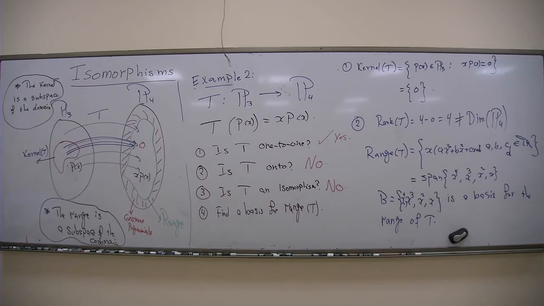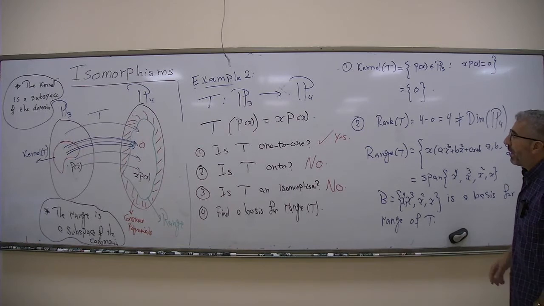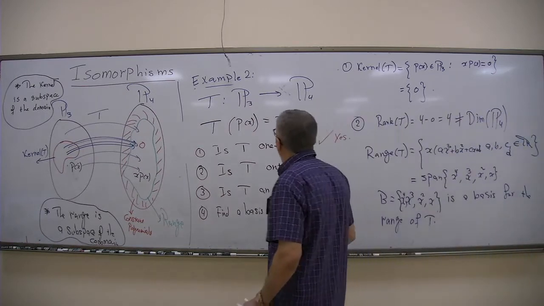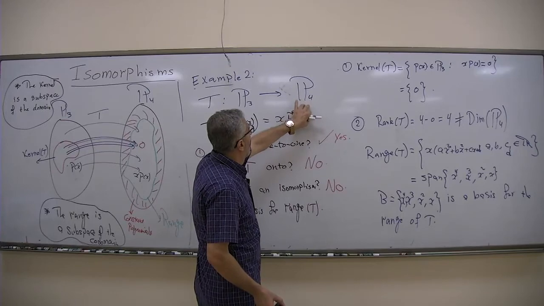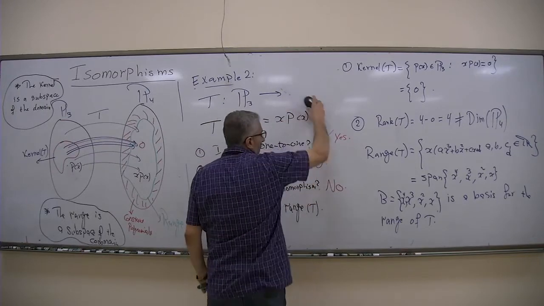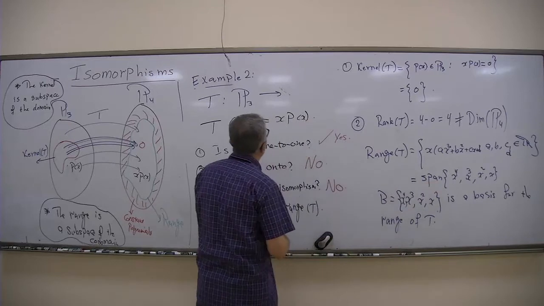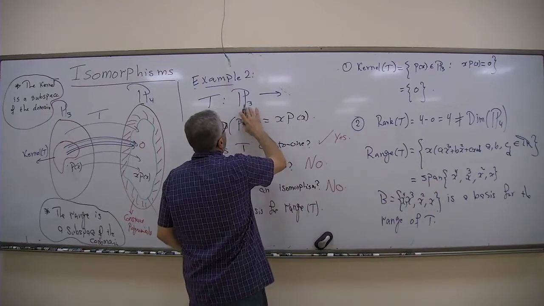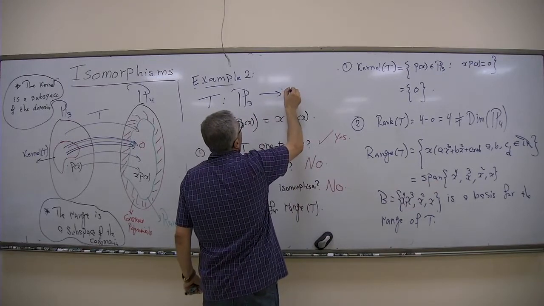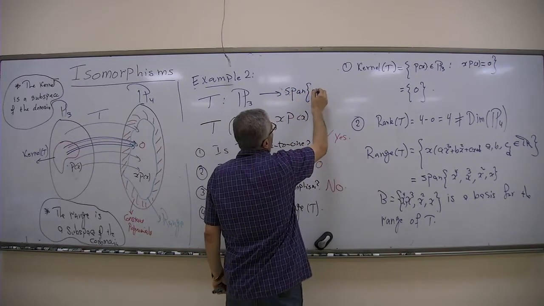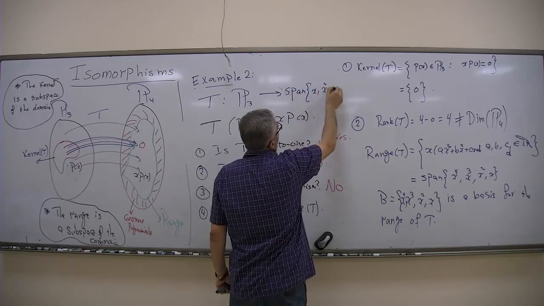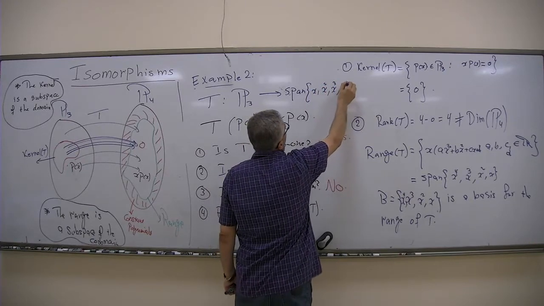Okay? All right. So now I am going to make my example interesting in the following sense. I am going to remove this, and I'm going to put here the span of those. So from P3 to the span of x, x squared, x cubed, x exponent 4.